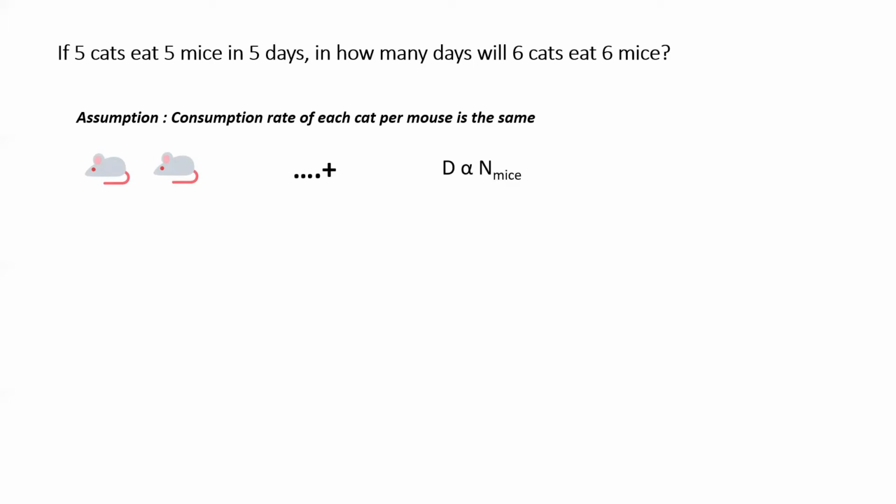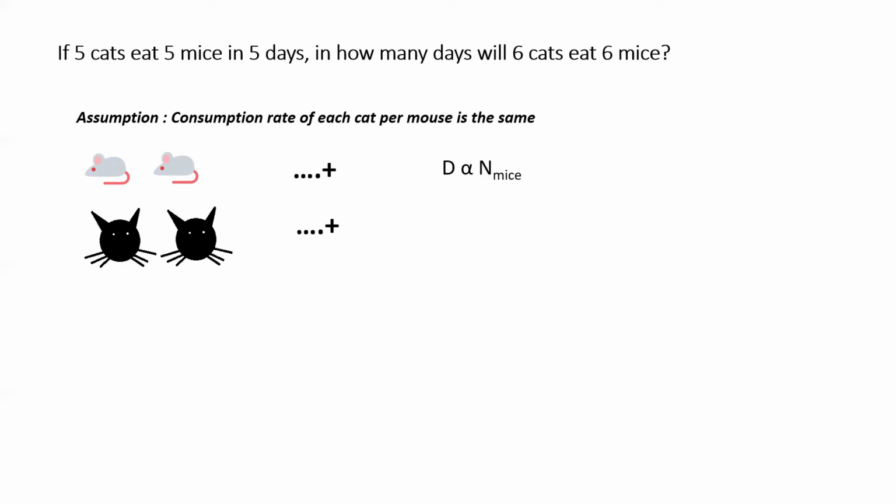Let's ask another question now. This time we say that if we keep the number of mice the same and we increase the number of cats, then what happens? Well, that means we have the same amount of food, but now we have more mouths to feed, right?